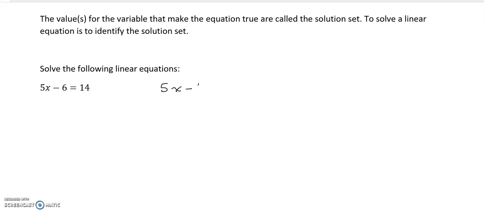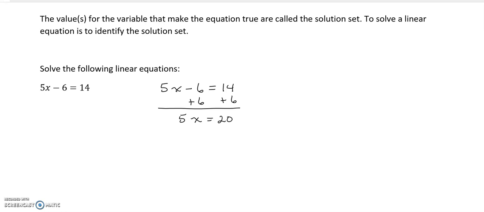5x minus 6 equals 14. Well, the first step is to isolate the variable on one side. So if I add 6 to both sides, then what I get is 5x equals 20.